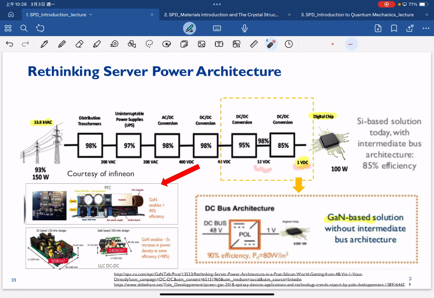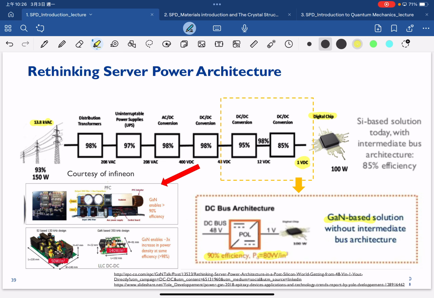But now we can replace this two stage converter with only one stage, which is 48 volt to 1 volt, but with higher efficiency and higher output power. So this is why you can have technology that enables us to save energy.